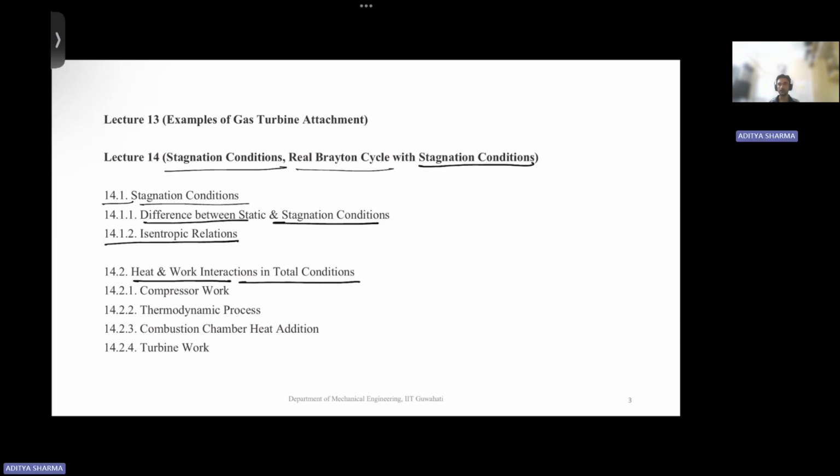But in reality, there are velocities involved. So now, considering all these velocities, what becomes important is not just the static part, but the total part, the total value of the parameter or the property that we are discussing.